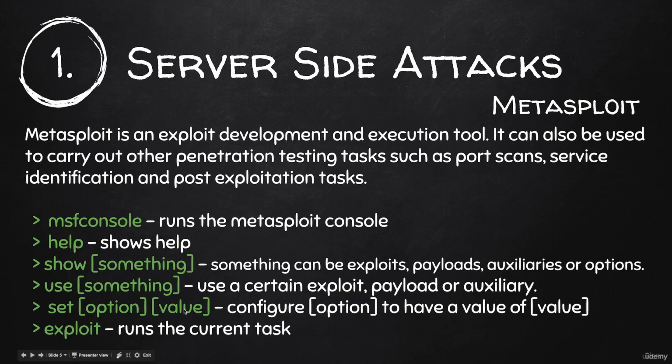And then at the end, once you finish configuring your exploit, you can type in exploit to execute it. Now, I know this might look a bit vague, but once I use it, it's going to become very clear to you. And we're going to be using these commands a lot, so they're going to become very easy and simple to use.